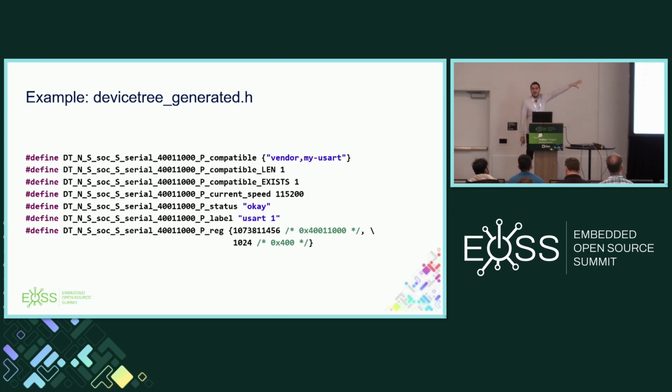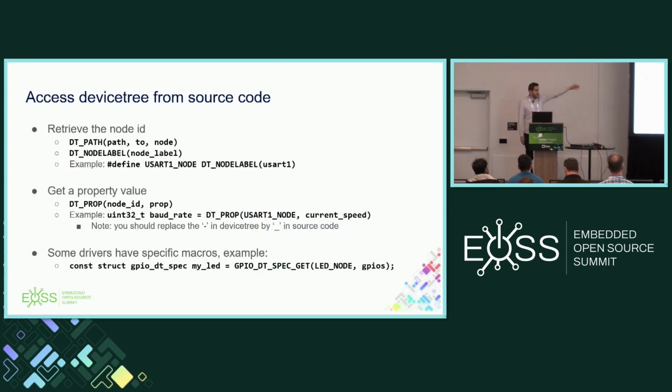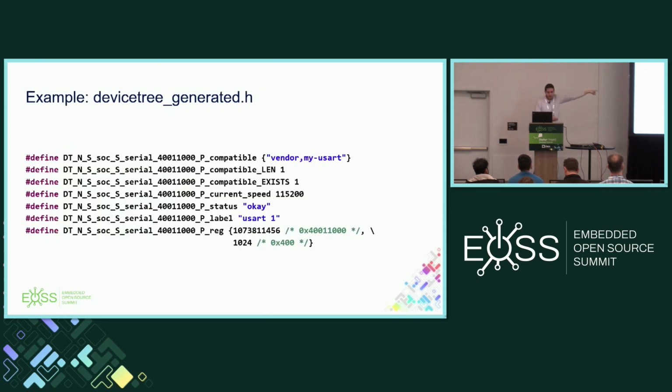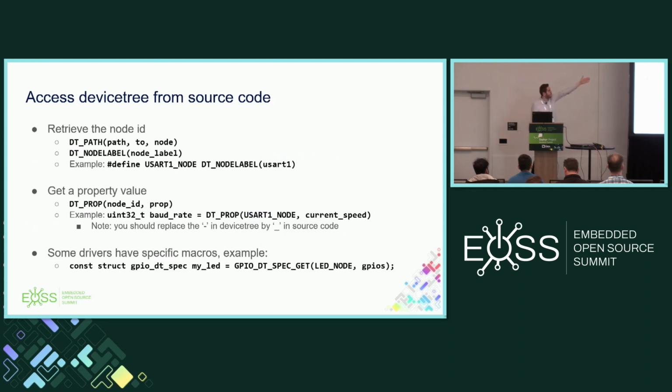The syntax is complex. The purpose is not actually to understand how to write the syntax. The easiest way to retrieve it is to use another macro that's going to reconstruct this for you. Instead of writing something like this, it would be easier to use something like DT_NODELABEL or DT_PROP.